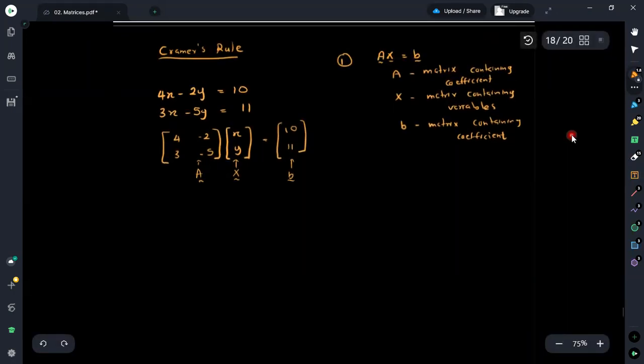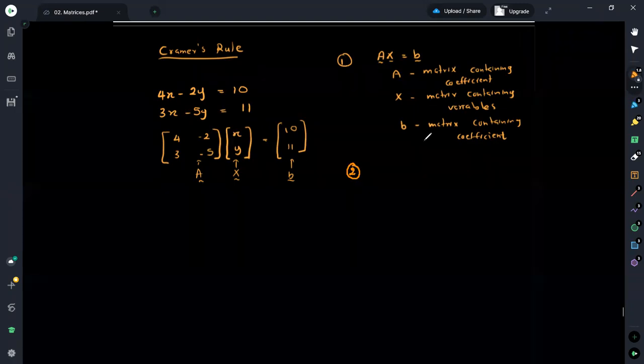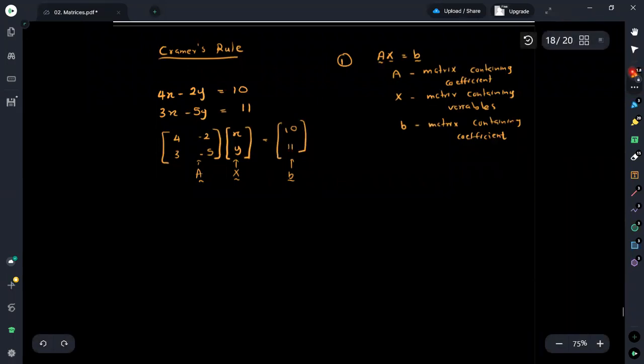Thereafter, as the second stage, we need to take the determinant of matrix A.